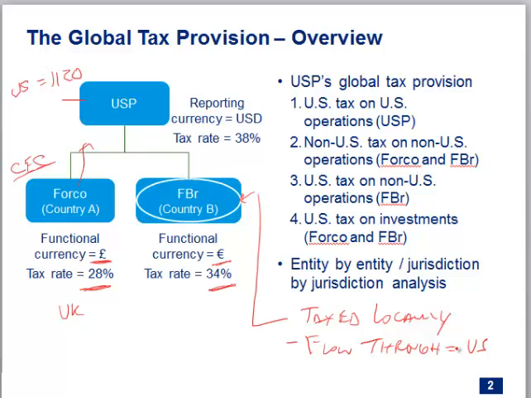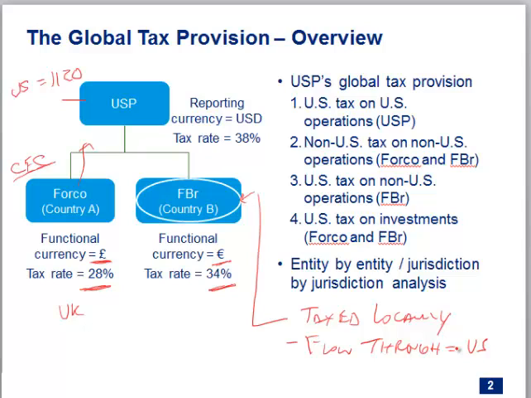Okay? So if the term branch is not familiar, think division, right? Division connotes an unincorporated segment of the operations, and this might be incorporated, but the idea is that it's just a subset of the USP based on this tax election.